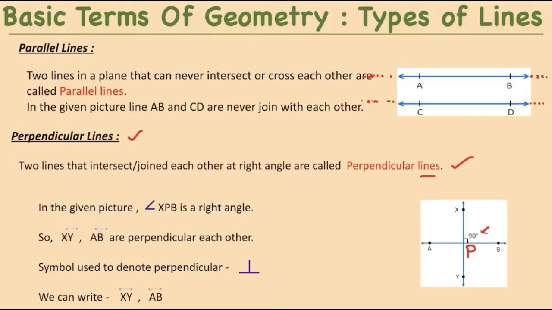So in this picture, lines XY and AB are perpendicular to each other. The perpendicular symbol we write as an inverted T. These lines are called perpendicular lines.